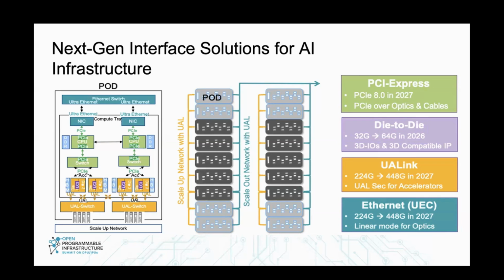If you look at the die-to-die or the UCIe protocol, right now it is at 32 gigabits per second, and it is transitioning to Gen 3, which is at 64 gigabits per second. This is mainly for 2D applications. In addition to that, we have to look at multi-die options and 3D and 2.5D applications, where we are looking at 3D IOs and 3D compatible UCIe IPs.